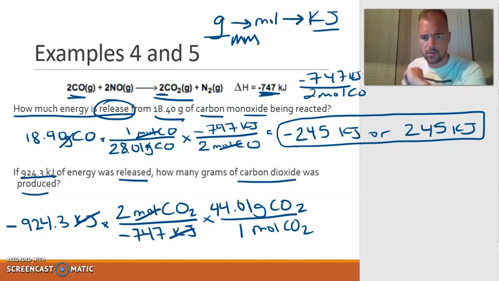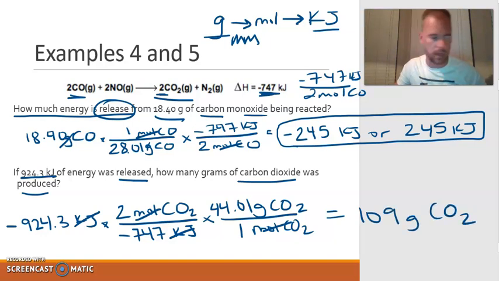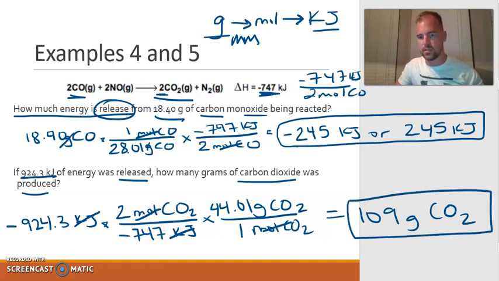So moles will cancel, and now I can calculate: 924.3 divided by negative 747, times 2, times 44.01. With 3 sig figs, it looks like 109 grams of carbon dioxide would have been produced if that was the amount of energy that was released.